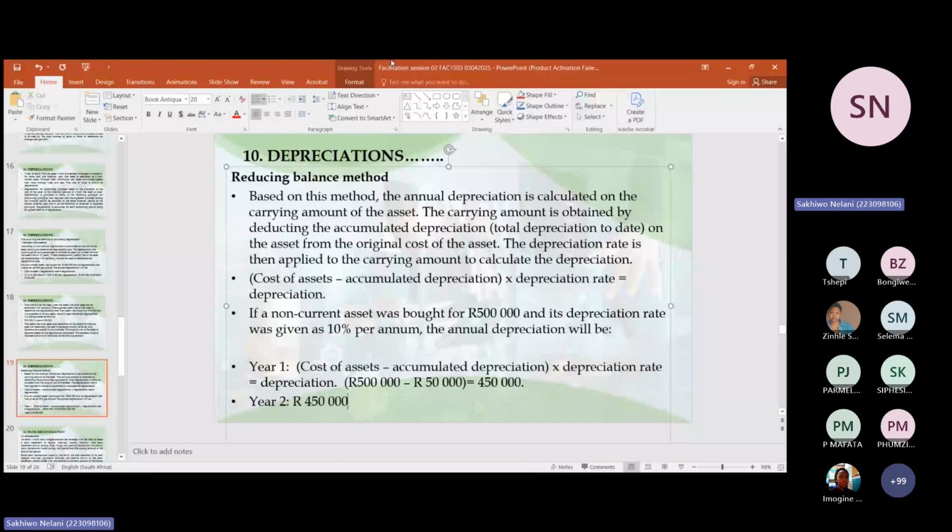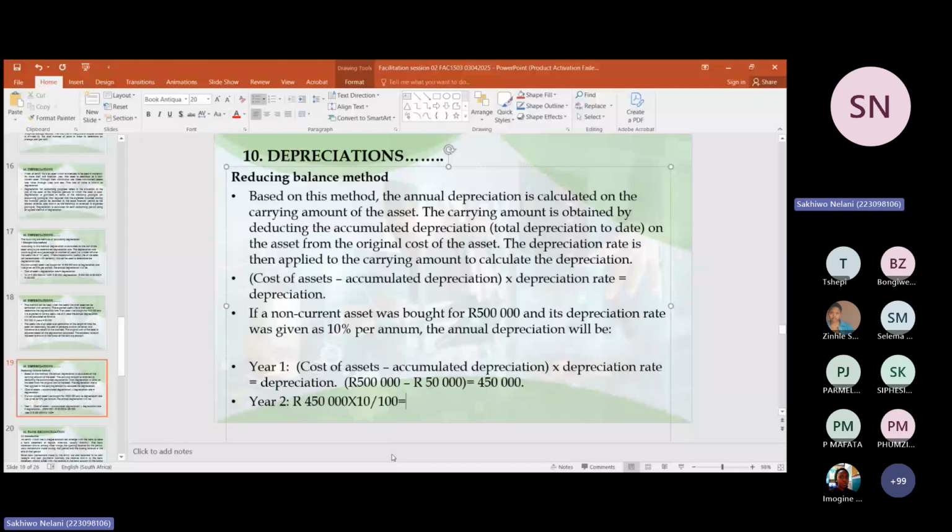This will be your year 2. What do you get, 450 times 10%? What is your depreciation for year 2? It's 450 times 10%, 45,000.